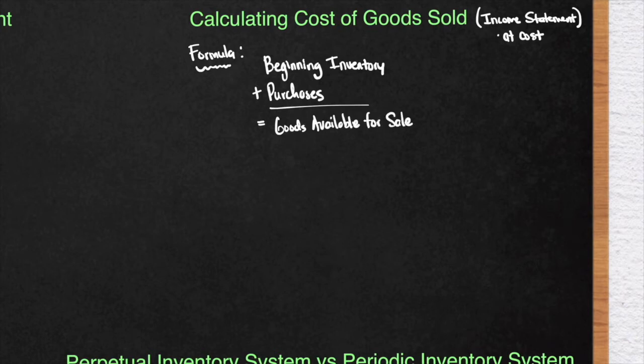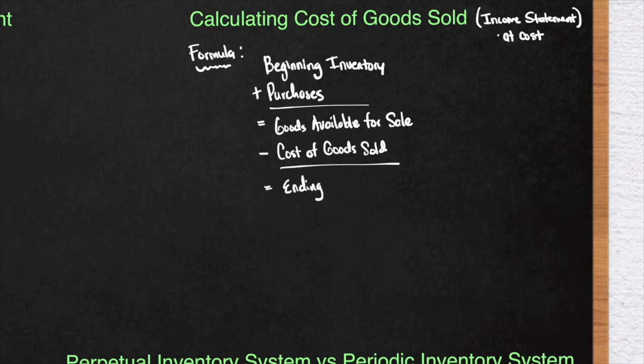When you add that, you will get goods available for sale. Then you're going to subtract cost of goods sold. You had things available for sale, and then you sold some goods, and there are some costs associated with that. So you subtract cost of goods sold, or you could think of it as inventory leaving. You will get ending inventory.